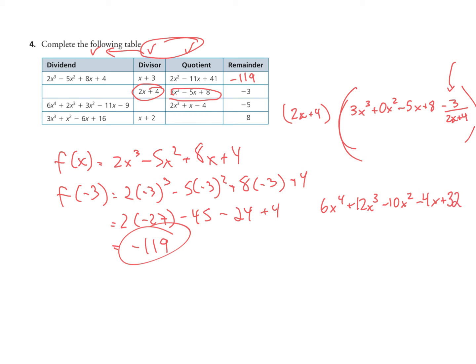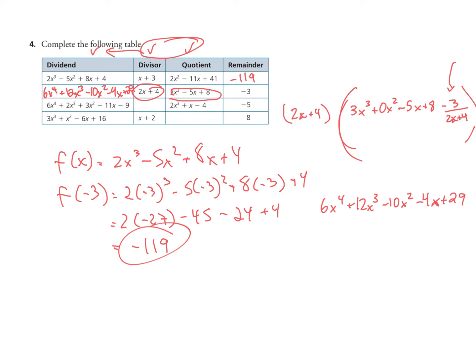And then you also have 2x plus 4 times negative 3 over 2x plus 4. Well, the 2x plus 4's cancel, so it's just minus 3. And plus 32 minus 3 is plus 29. So that's the answer: 6x to the 4 plus 12x cubed minus 10x squared minus 4x plus 29.